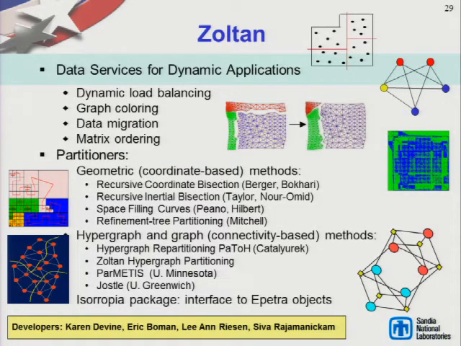Zoltan you'll hear a lot more about tomorrow. But basically, the way I like to think of Zoltan is Trilinos' one-stop shop for combinatorial scientific computing. That means load balancing, static or dynamic, take your pick, graph coloring, data migration. Once I've rebalanced my load, I want to be able to move stuff, and matrix ordering kind of services.